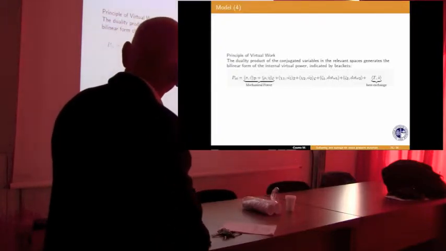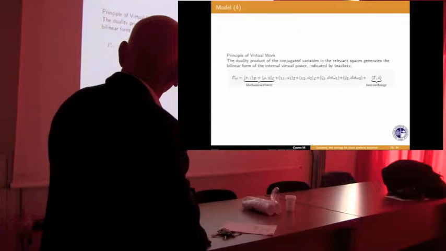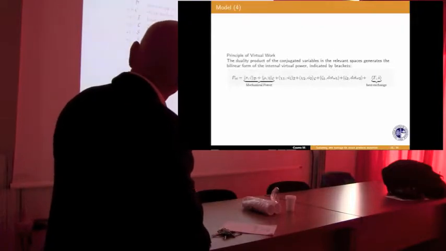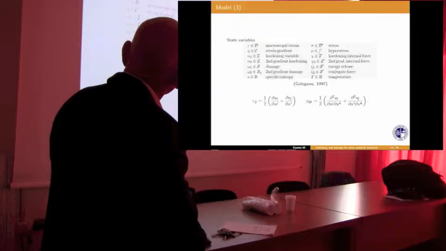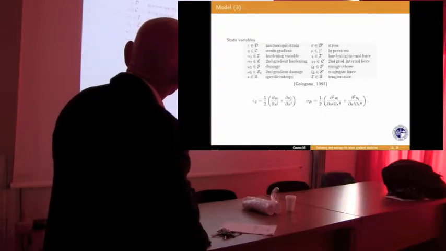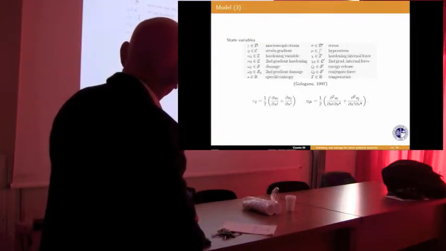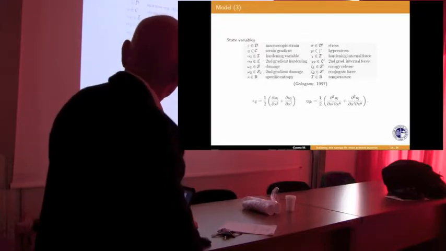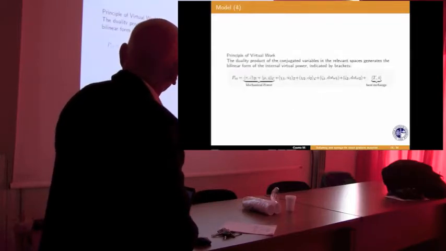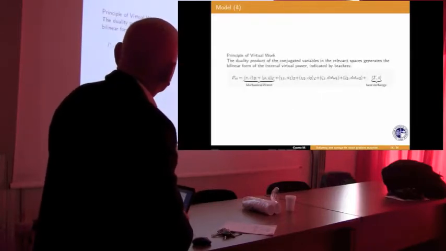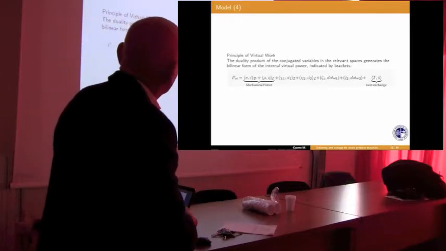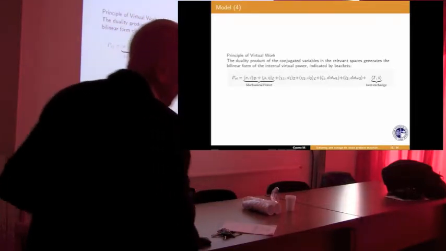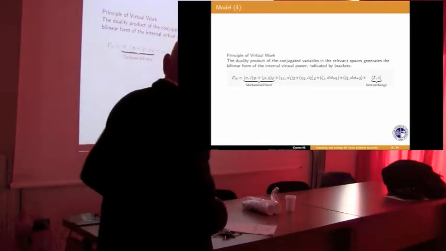And here the power of the mechanical variables, which are the dual of the deformation: the stress I call sigma, the hyperstress I call mi. Then there are internal variable thermodynamical forces dual of the hardening variable, which I call chi. Some internal forces dual of the damage variable are called zeta. You cannot see them, but anyway. All these dual products of the internal variables of damage and hardening are zero, because in the finite volume this work has to be zero.